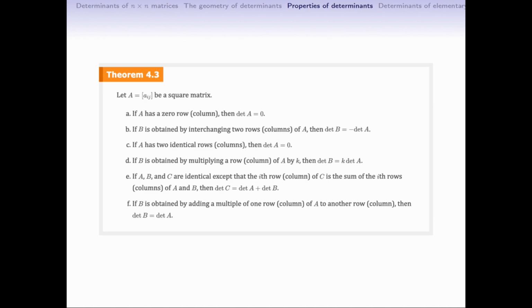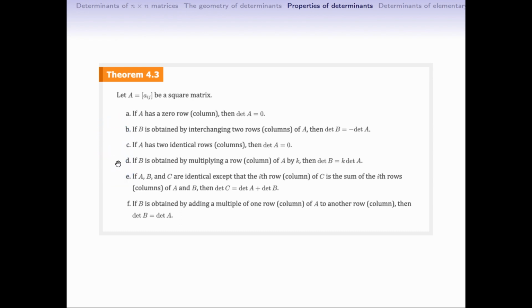Now, from among these 6 properties, the 3 that I want to highlight as the most important are properties B, D, and F, because these pertain to simple row operations. Property B is talking about a type 1 operation. If we perform a type 1 operation on the matrix A, that's going to flip the sign of the determinant. Property D is referring to a type 2 operation.